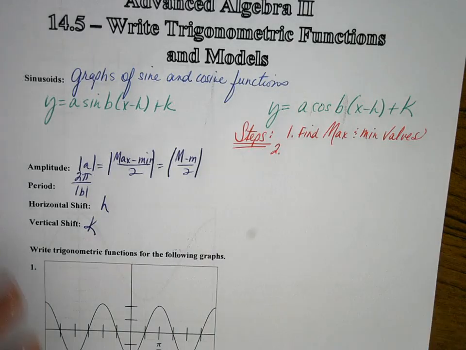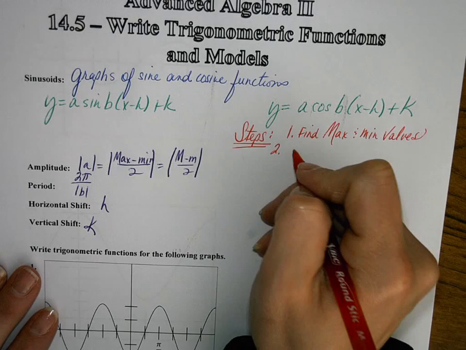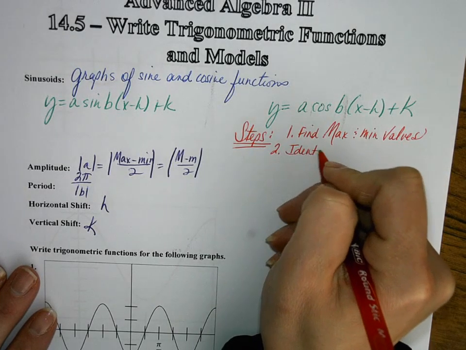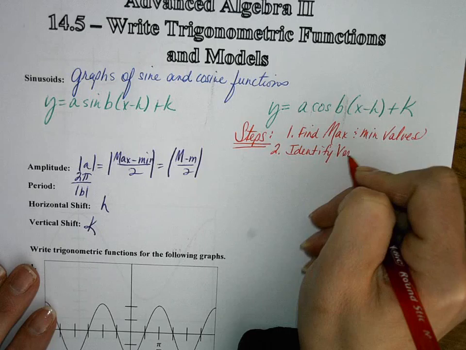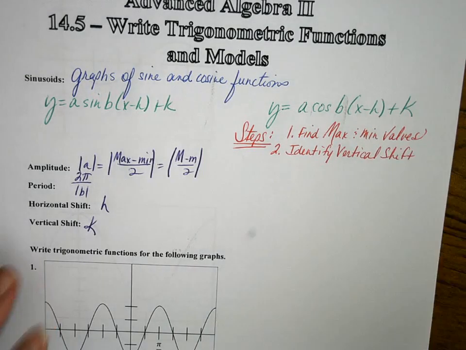Because in step 2, those maximum and minimum values help me find the vertical shift. It helps me to figure out how much my graph has been shifted up or down.